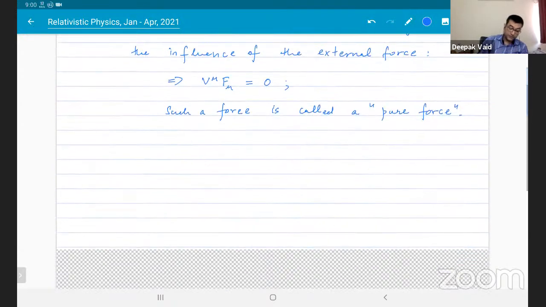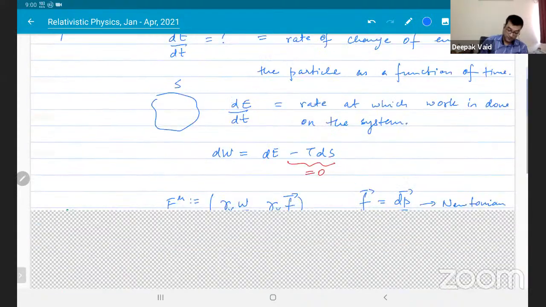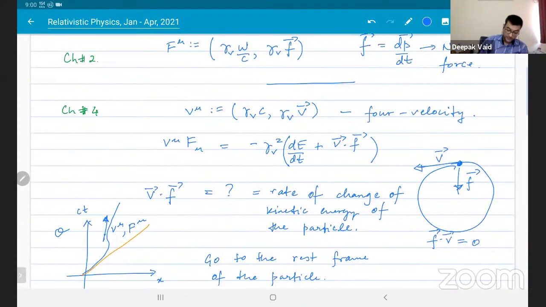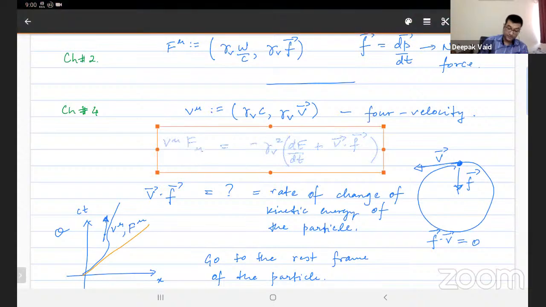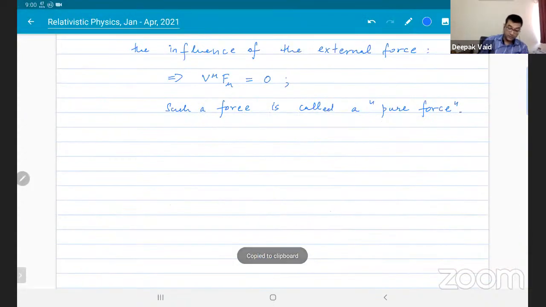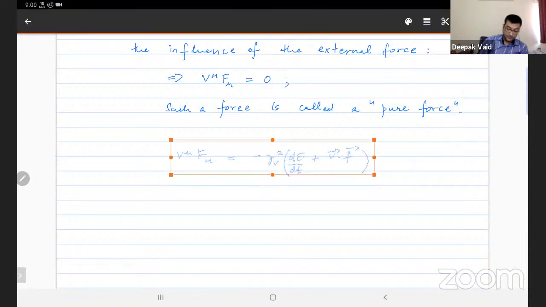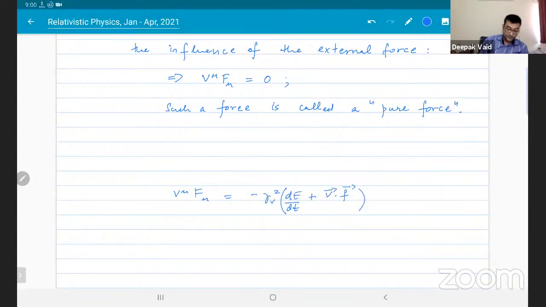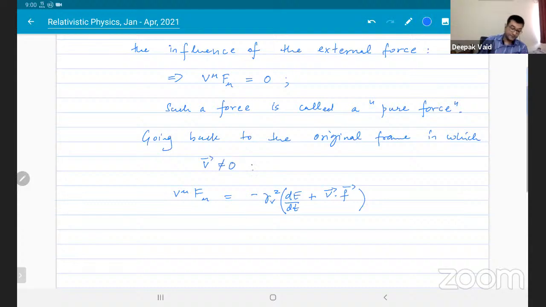And for such a force, we will get another relationship using this expression. So now we can go back to the frame of reference, going back to the original frame in which the particle is not at rest, right?